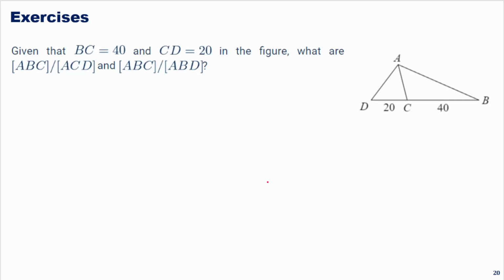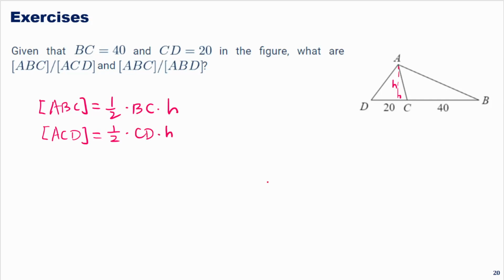If you let H be the length of this altitude, hence triangle ABC is calculated by half of BC times H. And triangle ACD can be calculated by half of CD times H, right?